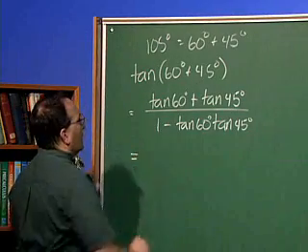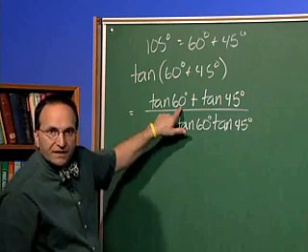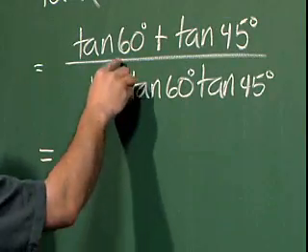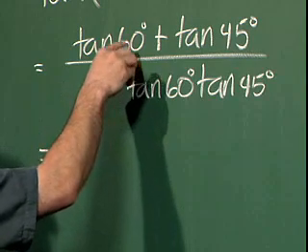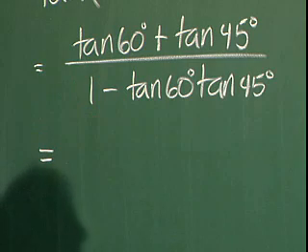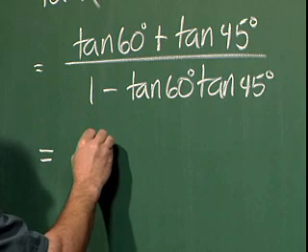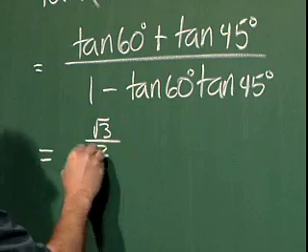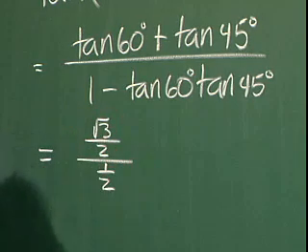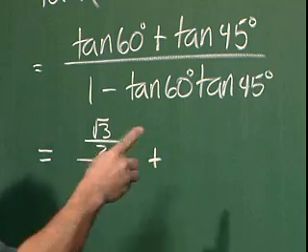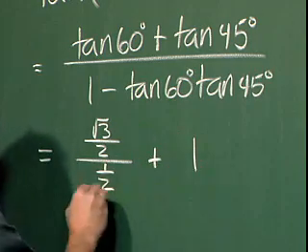So the tangent of 60, of course, that's a special angle. And so that's equal to, when you go back to your trig functions, either sine over cosine or y over x. Either way you do it, the sine value is the square root of 3 over 2 over 1/2 for the cosine value, plus the tangent of 45 is 1.